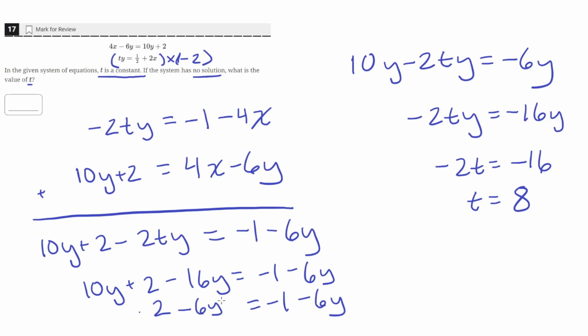And then since negative 6y is on both sides, we can cancel those out, and we'll just be left with 2 equals negative 1, which is obviously false. So for a t value of 8, this system of equations has no solution. So the answer is 8.